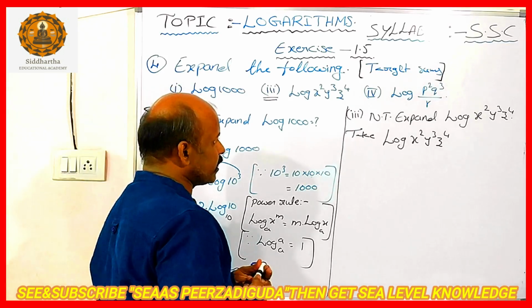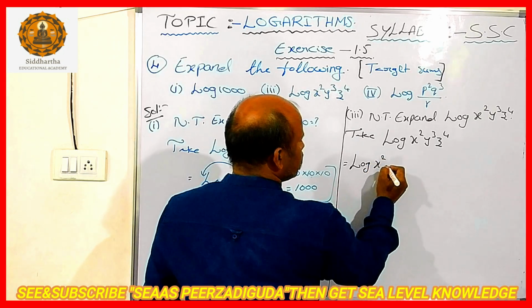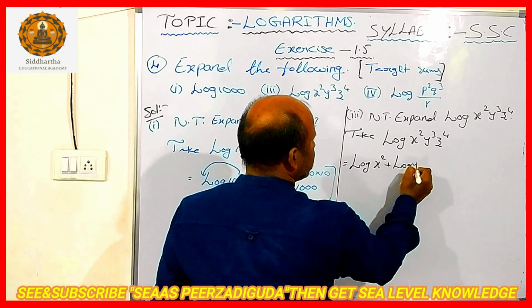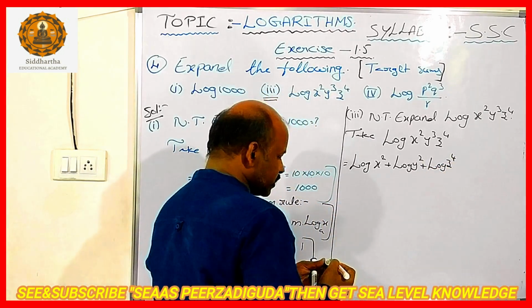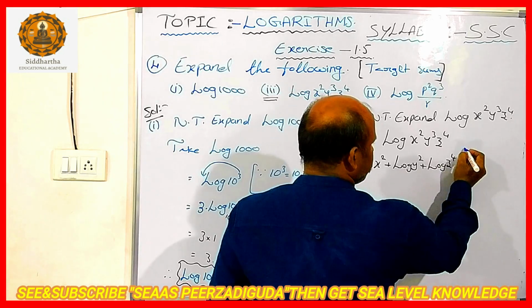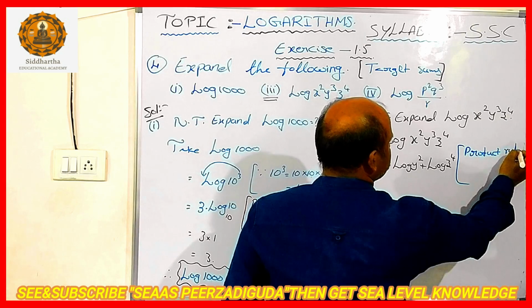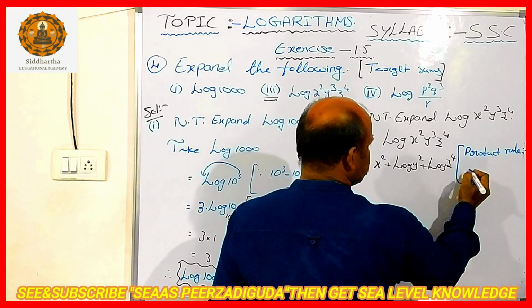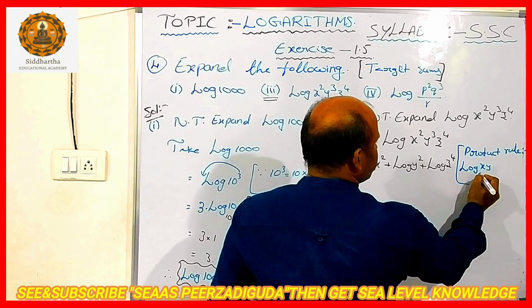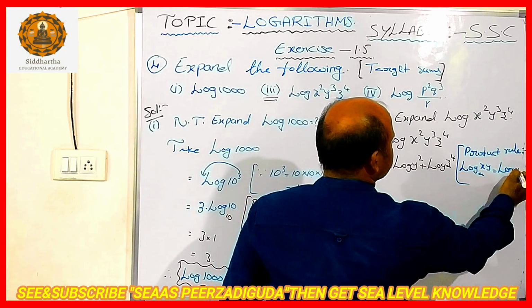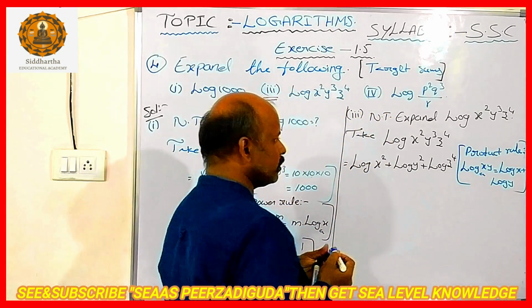Here this one I am going to write as log x square plus log y cube plus log z power 4. Which formula is used over here? Product rule. What is product rule? Log of xy base a is equal to log x plus log y. This product rule formula is used over here.